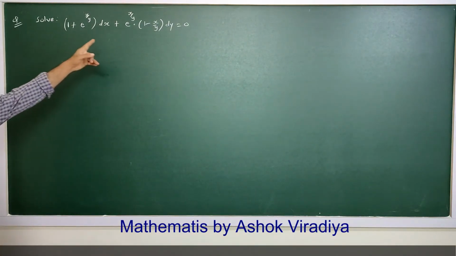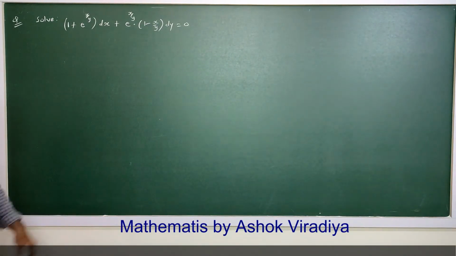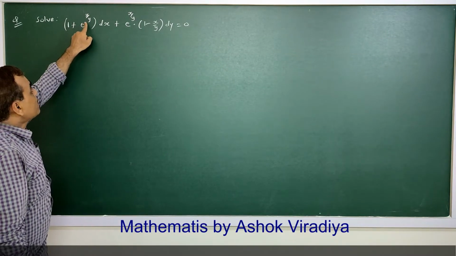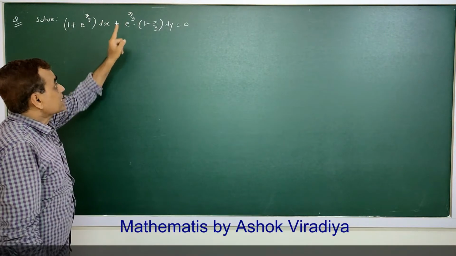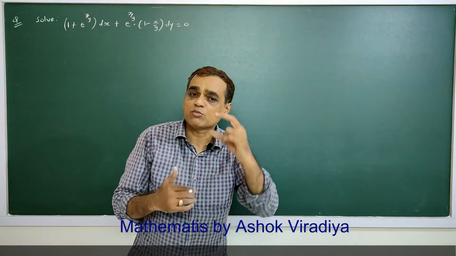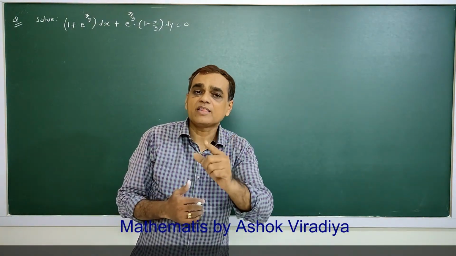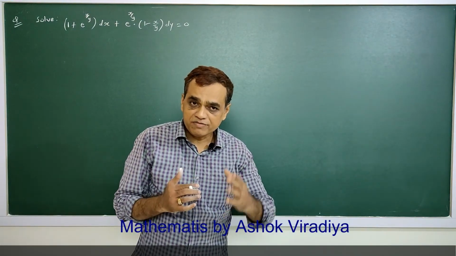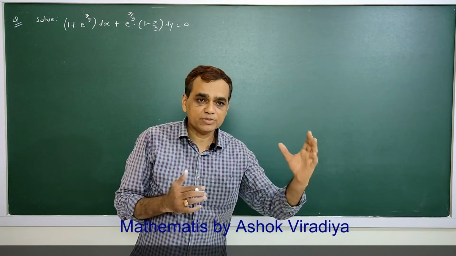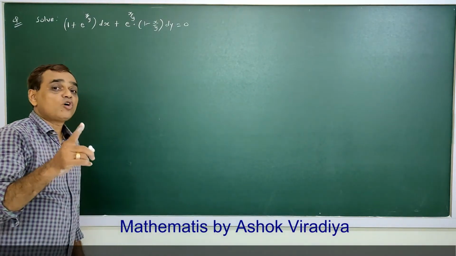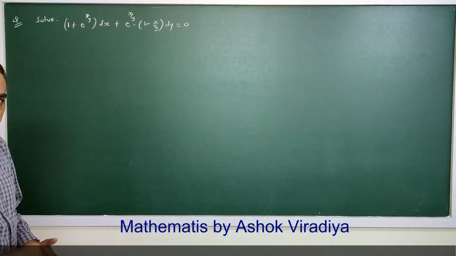Now we want to solve this equation. Observe this equation. Here e raised to x by y is given. So in this procedure, if we take x by y equal to v, then that will be much better. So if we want to use this substitute x by y equal to v, we should have a value of dx by dy.